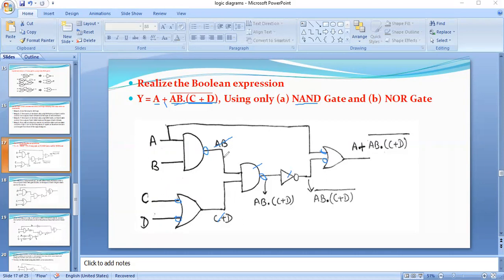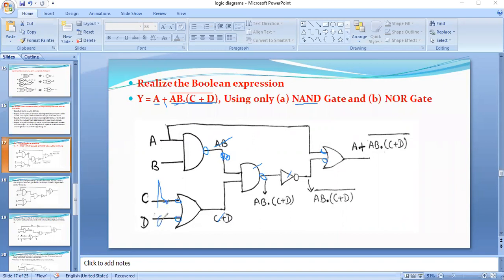See here what I'm doing. For the compensation, here I'm placing a bubble, which means here I'm using an inverter, and in the same way here I'm using an inverter.